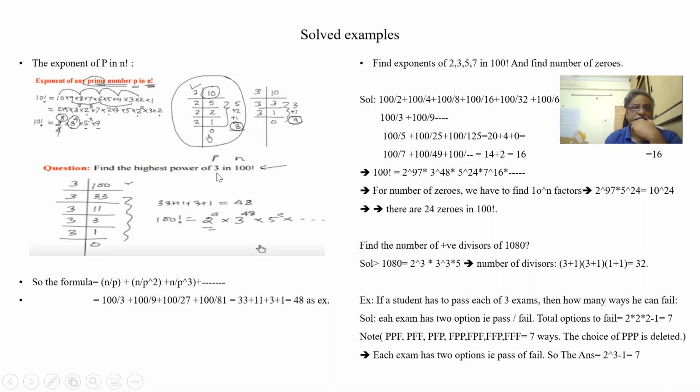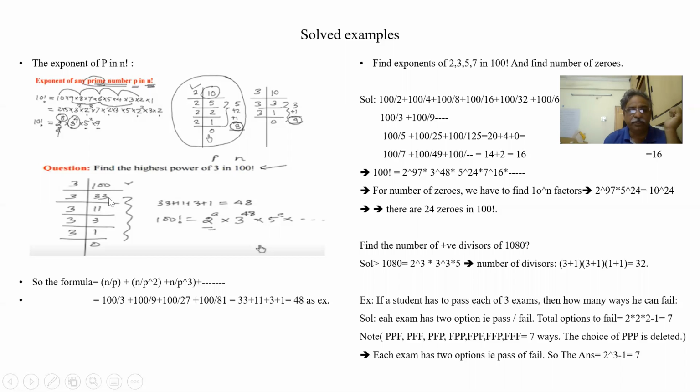I want the exponent of 3 in 100 factorial. I cannot write 100 into 99 into 98. This is a cumbersome process. So I use this method. I am dividing 100 by 3. 33 3s are 99. Then 3 3s are 9, so 11, and 2 balance I am leaving. 3 1s are 3.